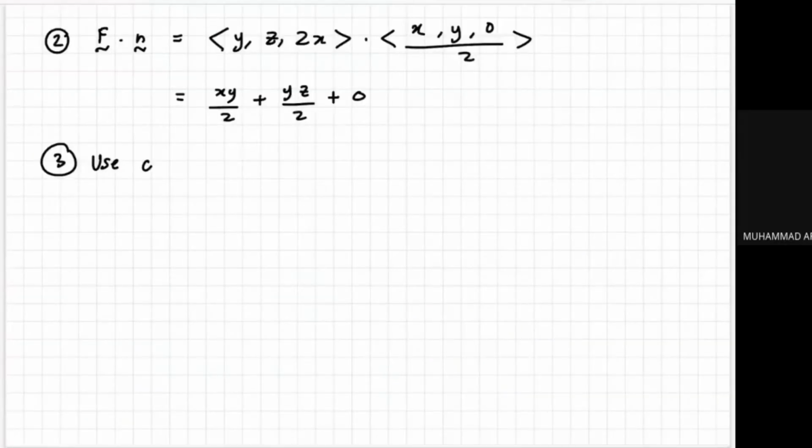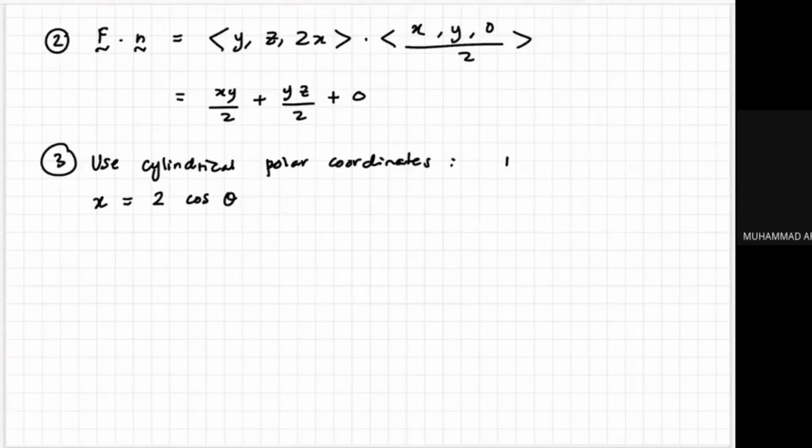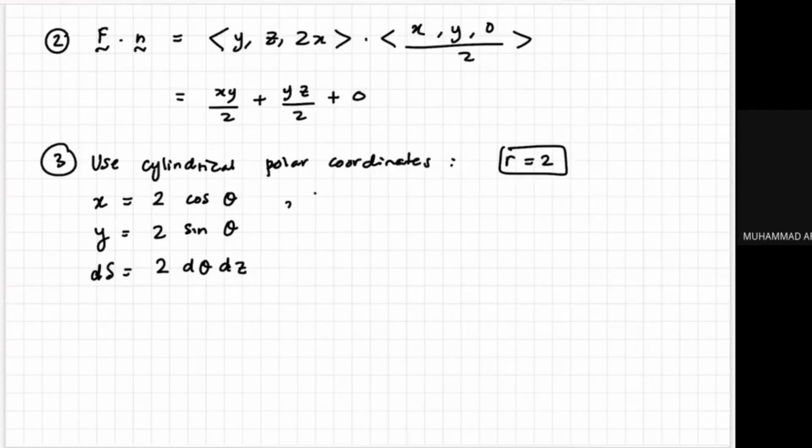Using cylindrical polar coordinates, your x will be r cos theta, 2 cos theta. Y is equal to 2 sin theta, and ds is equal to 2 d theta dz, and z is equal to z.